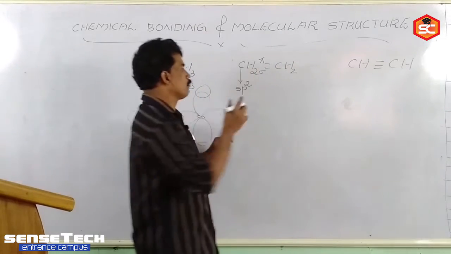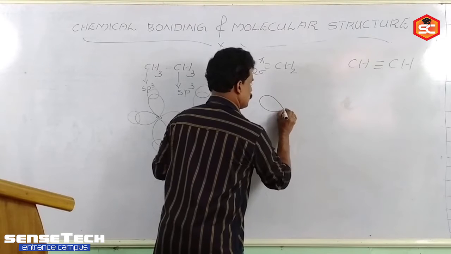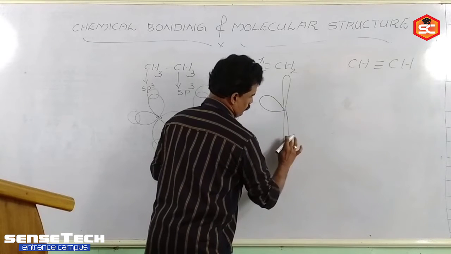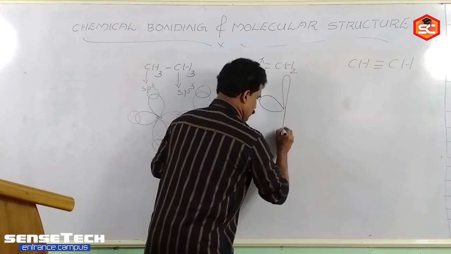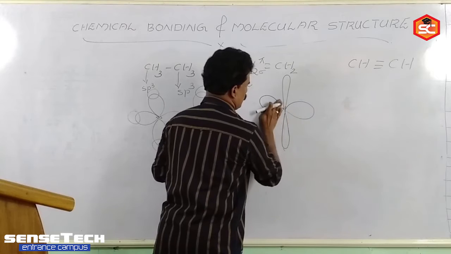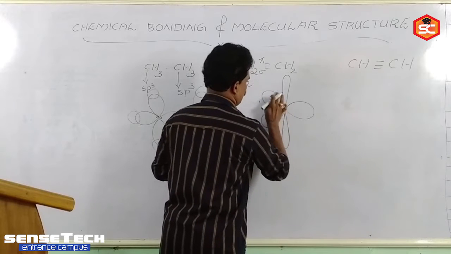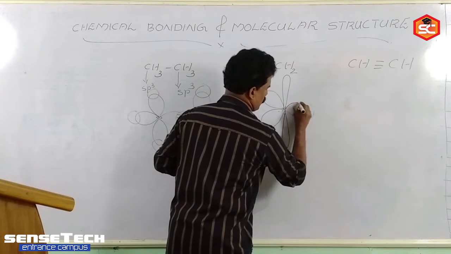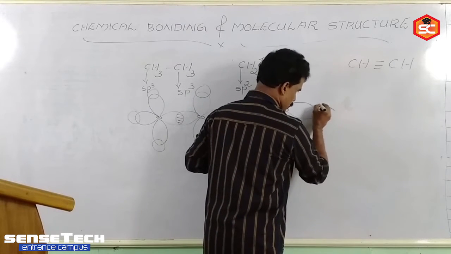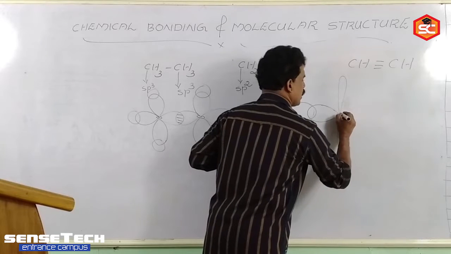So how to represent the ethene molecule? So here, the hybridized orbital will overlap with the next carbon atom's hybridized orbital, and the p orbital is unhybridized.